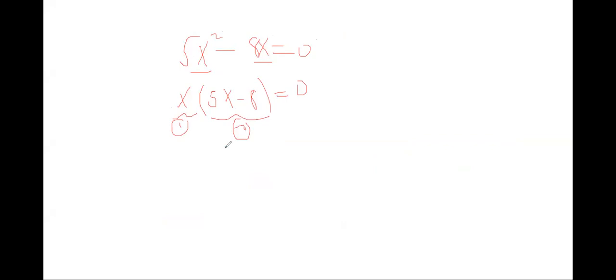So obviously one of the terms must be equal to 0. Then x equals 0, or in the bracket 5x minus 8 equals 0. So x equals 0, or 5x minus 8 equals 0. We are done with this one.